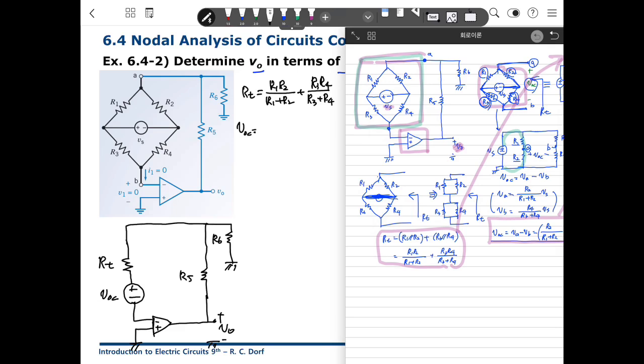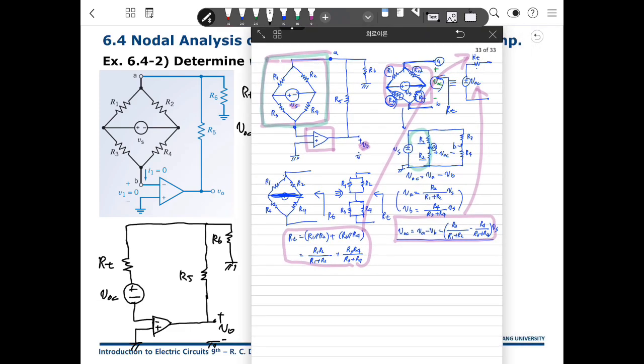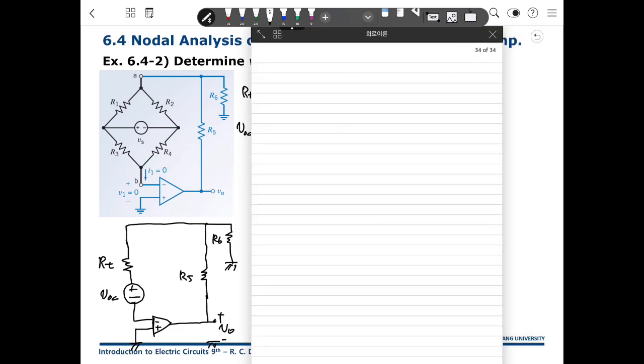And VOC is R2 over R1 plus R2, minus R4 over R3 plus R4, times VS. Okay, then the problem is changing here. So we need to know Vout here. So we redraw here first.